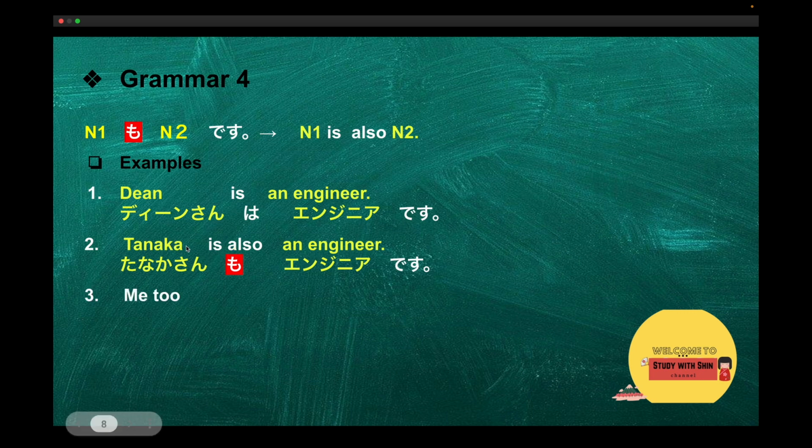And then if you are an engineer, for example, you can also say, oh, me too. It's very simple, right? Instead of saying, oh, I am also an engineer, in English too, you just casually say, me too, right?